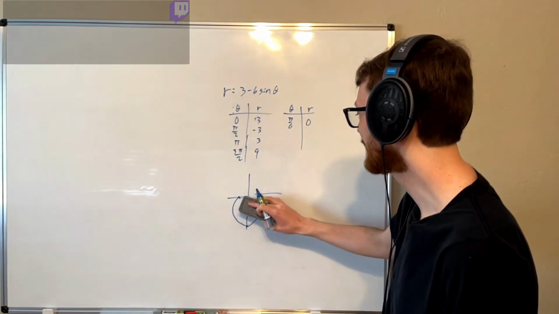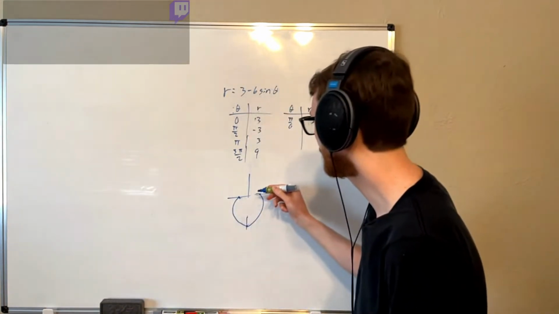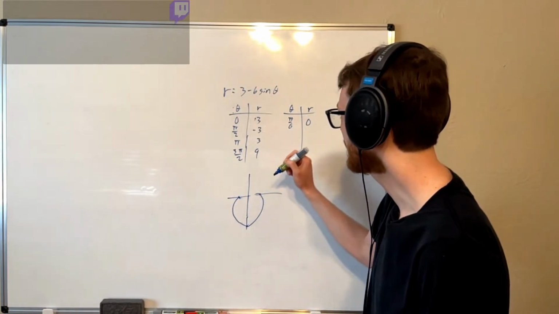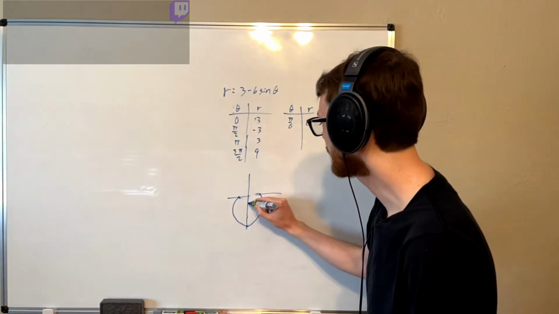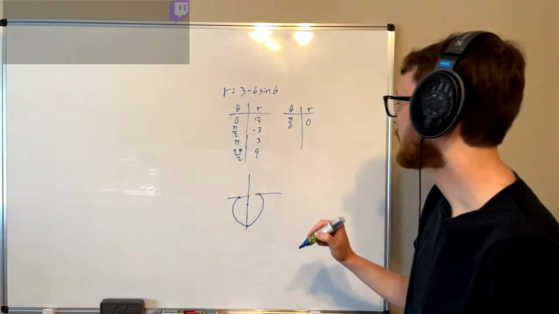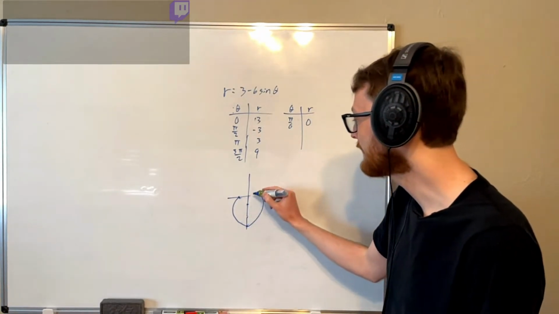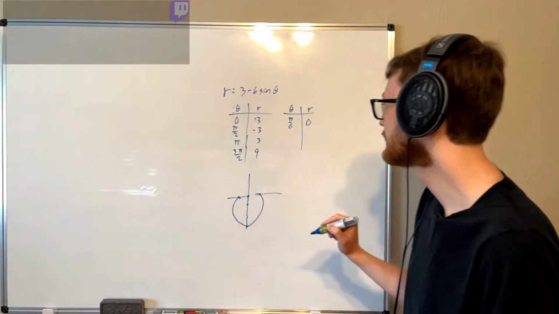I feel like my shape is slightly off here. I think I did the loop too low. So we still have pi over 2, -3 there. But we also have pi over 6, we'll be up there, but if r is 0, we have a point there at the origin.